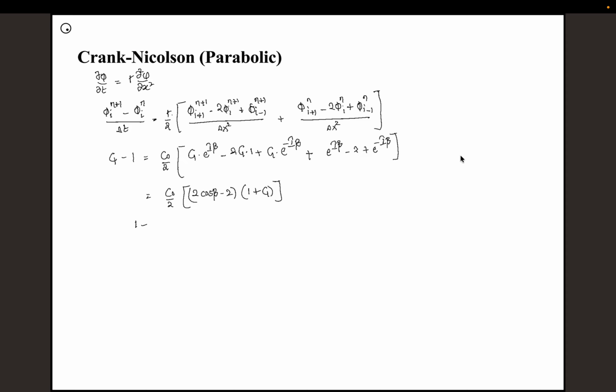We have 1 minus g by 1 plus g, this Courant number times sine square beta by 2. So from this I can do componendo and dividendo and write this as a minus b by a plus b.